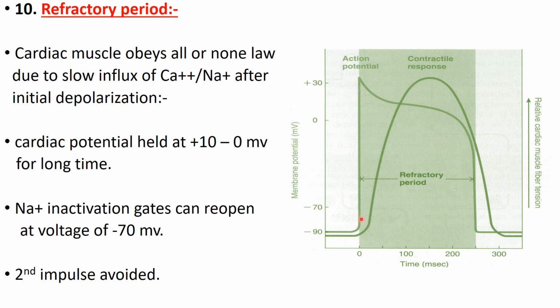This is because of the special action potential of the cardiac muscle, which is different from the skeletal muscle in the fact that it has a plateau. After initial depolarization, there is a slight rapid repolarization, and then there is a plateau phase in which the cardiac muscle remains depolarized above the 0 millivolt level, and then afterwards gets repolarized.